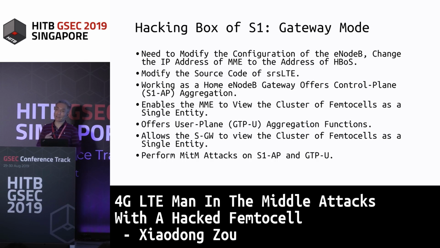I modified the source code from srsLTE to build this gateway. This gateway works just like a home eNodeB gateway, which offers control plane aggregation and sometimes user plane aggregation.